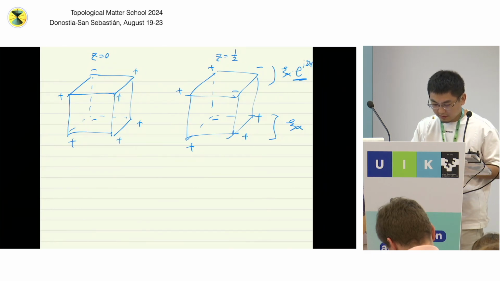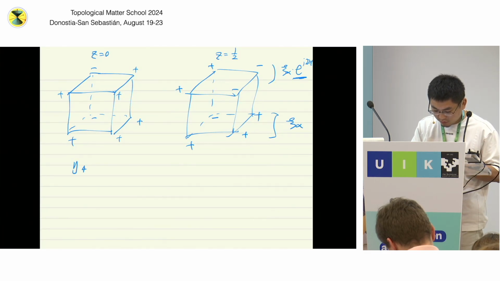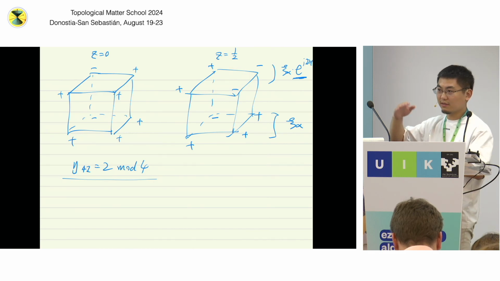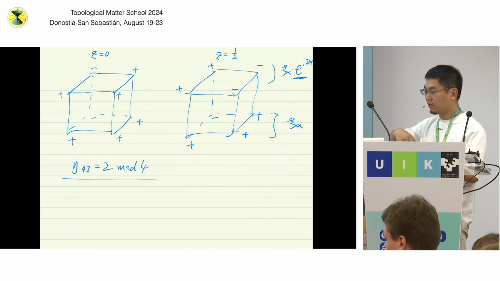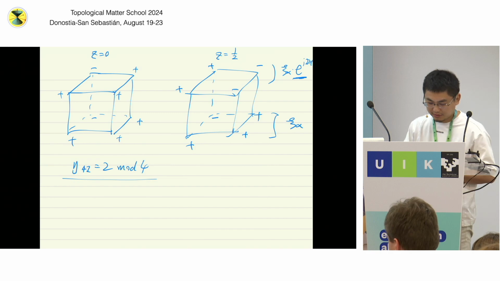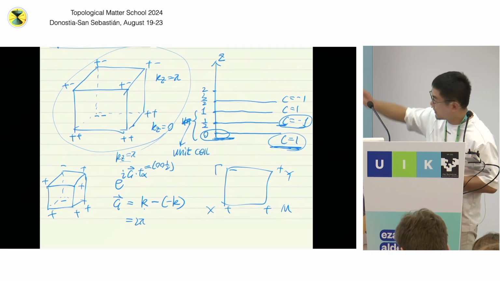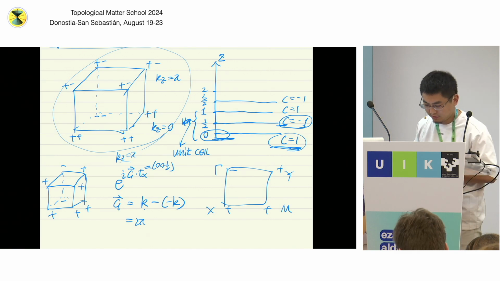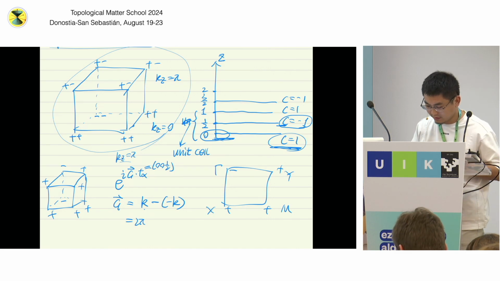So this eta 4i equal to 2 actually corresponds to a layer construction of Chern insulators with alternating, with this changing sign. It's a layer construction in this way, so it's very simple to understand in real space.